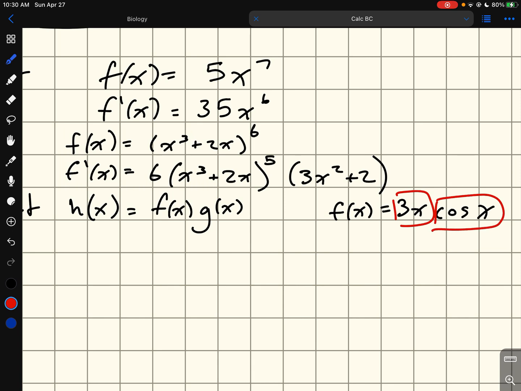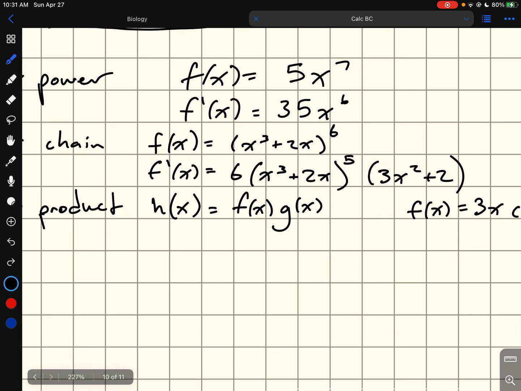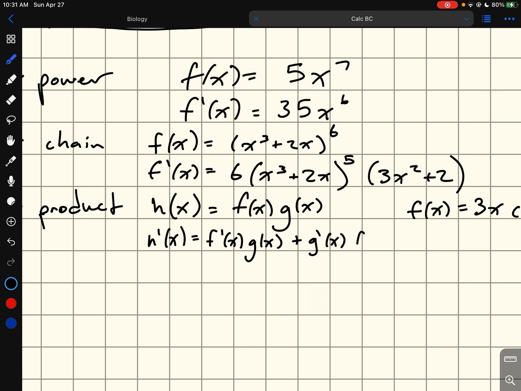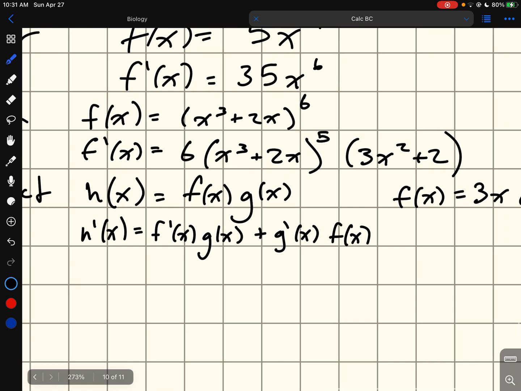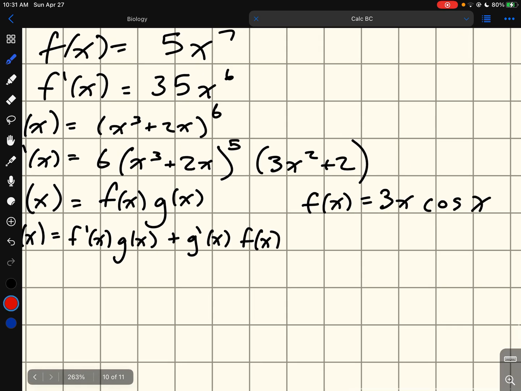And they're separate functions because you can't combine them in any way that would make them one thing. And essentially all you're doing is flipping which one you take the derivative of at a time. So first we take the derivative of the first one, which is f, and you just leave g alone. And then you take the derivative of g, and you leave f alone. That's the product rule.